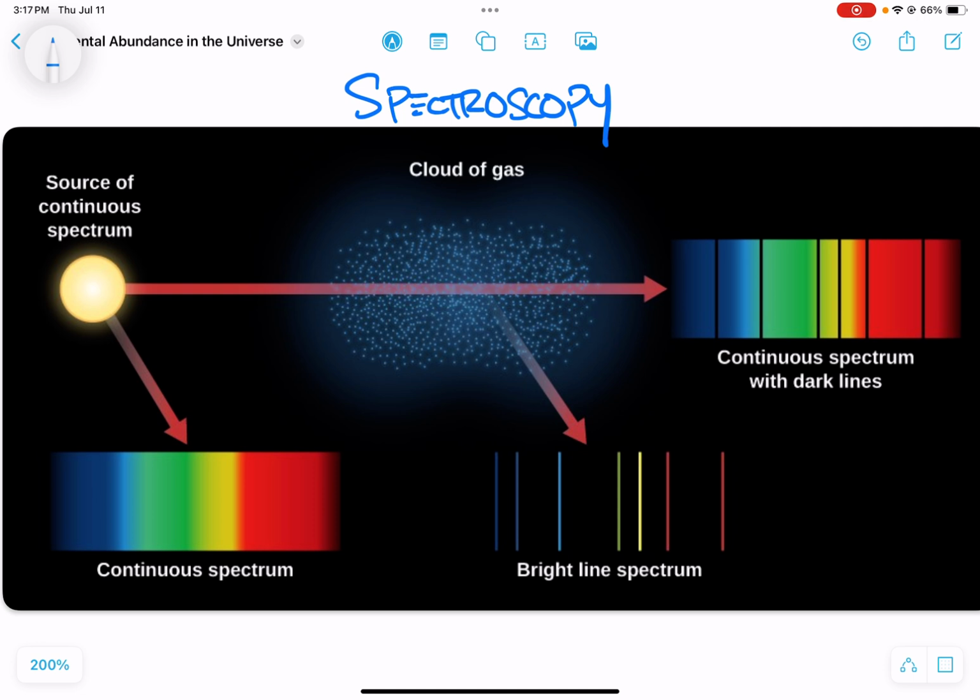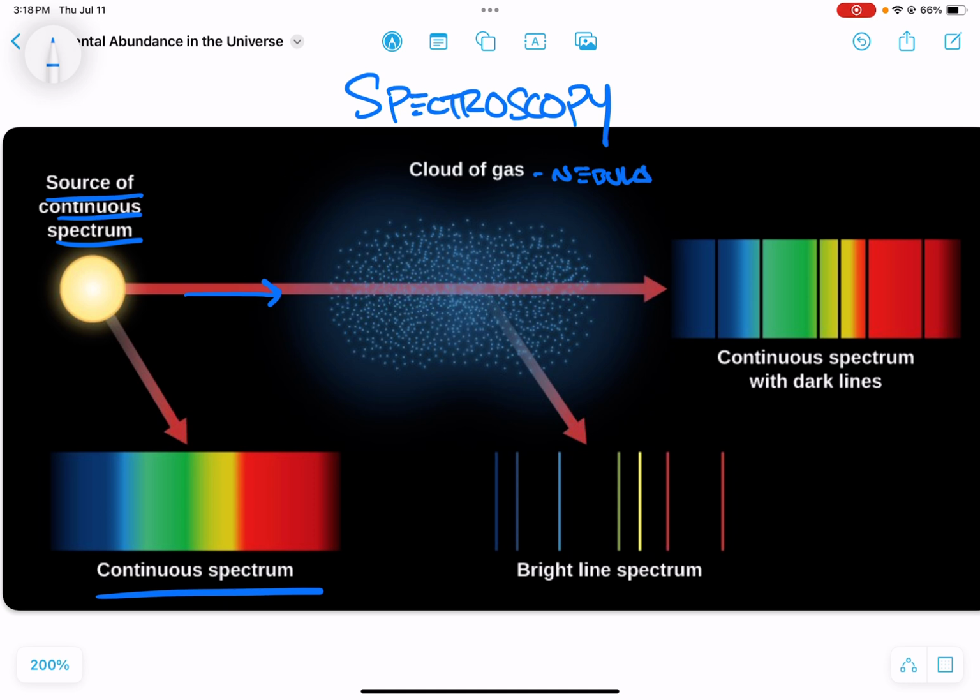It all starts with a light source, a source of continuous light, or light that is producing the entire visible wavelength spectrum of light, okay? Such as a star, okay? The next step is as that light passes through matter in the universe, let's say this cloud of gas or a nebula, okay, made of certain elements.